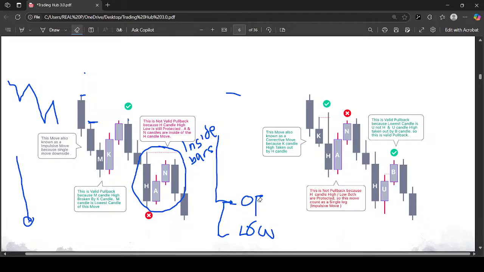I'm going to show us this from the chart very soon. I'll pull up our chart and show us. Remember, this is just at candlestick level. We have not gone to structural level. At structural level, there's a way to still identify a real pullback, and there's a way to identify a false pullback at the structural level. Okay.